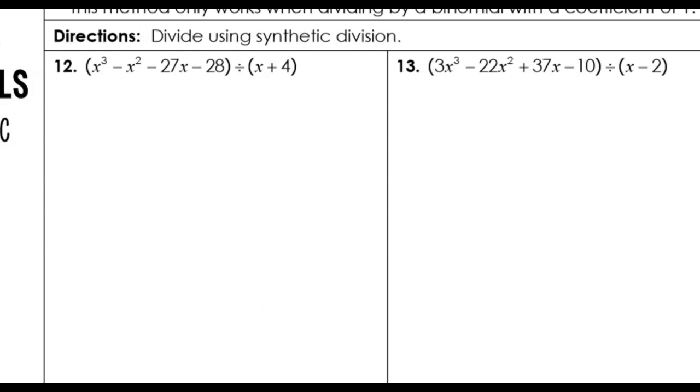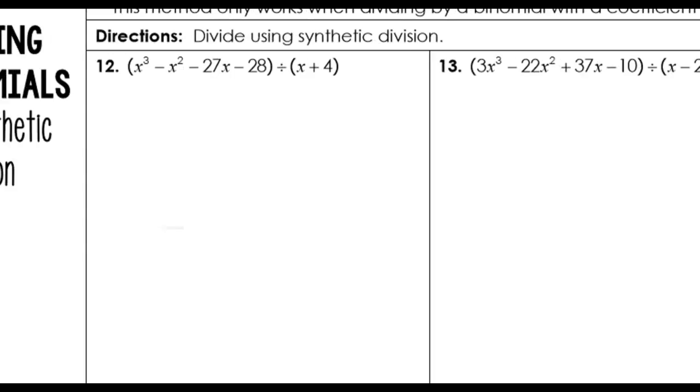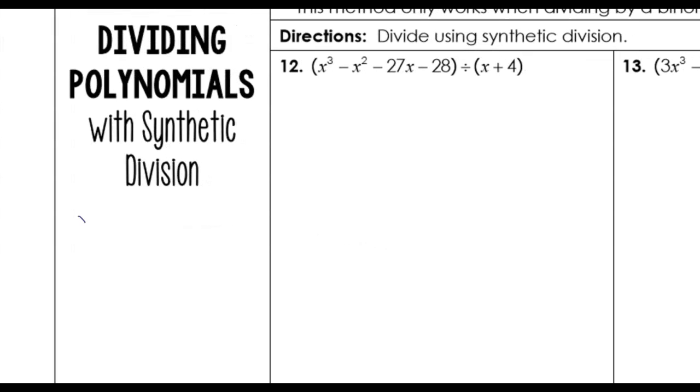Now, one of the tricky parts, the reason why students get synthetic division wrong, is because they miss what you're actually dividing by. When you're using synthetic, you're actually dividing by the zero, or the root, not the factor.